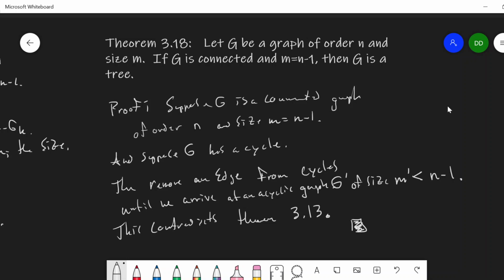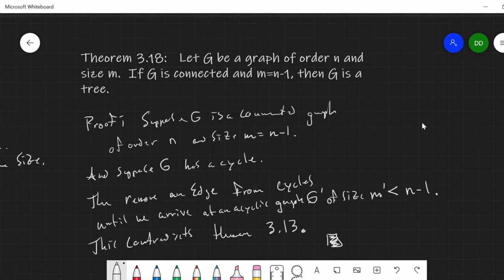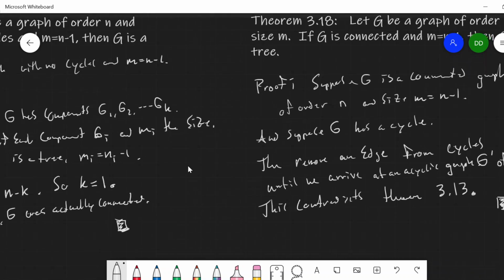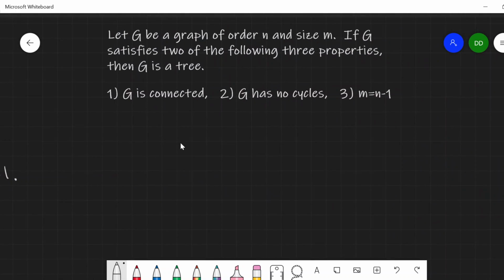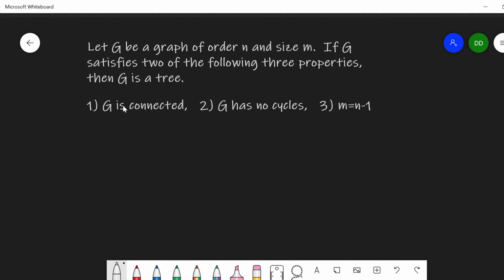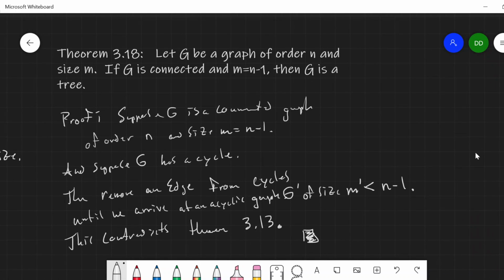So to sum up a lot of these properties, these last two theorems we looked at, we get this one that just sums them up. So 1 and 2 together is the definition of a tree: connected and acyclic. 1 and 3 together is connected and m equals n minus 1.